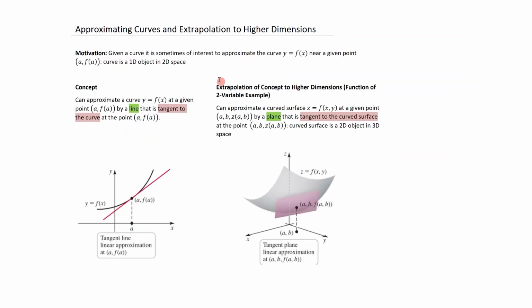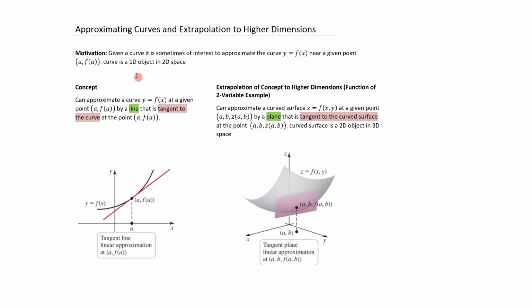So, the question of approximating curves and extrapolation to higher dimensions. What's the motivation? If we're given a curve, it is sometimes of interest to approximate the curve, for example y equals f of x near a given point, which would be a, f evaluated at a. A curve is in fact a 1D object in 2D space if we're talking about a single variable function.